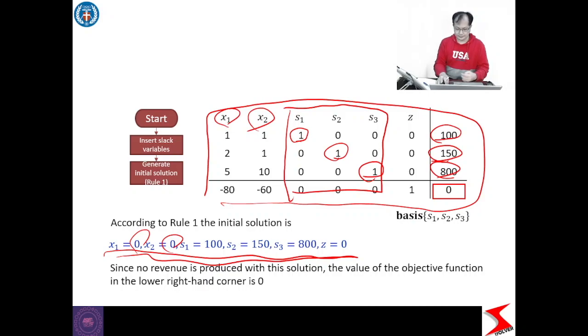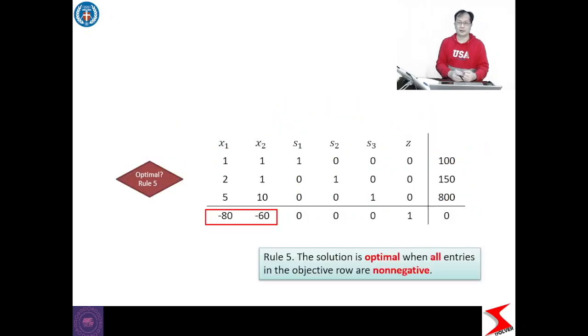So, let's continue. Is this one optimal or not? Definitely it's not. Because if it reached optimum, according to Rule 5, all the entries in the objective row should be non-negative. But we can find minus 80 here, minus 60 here. So this solution is not an optimal solution.